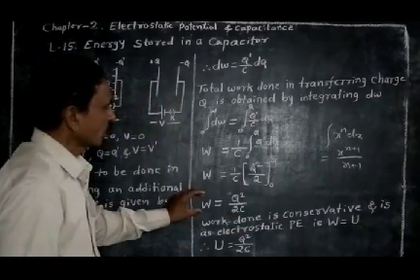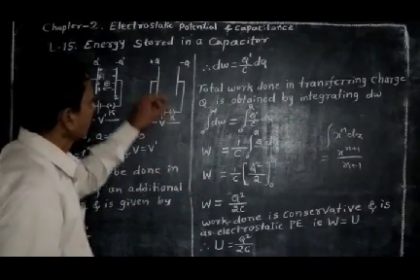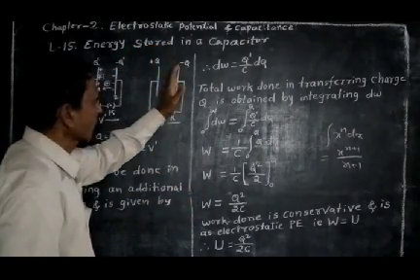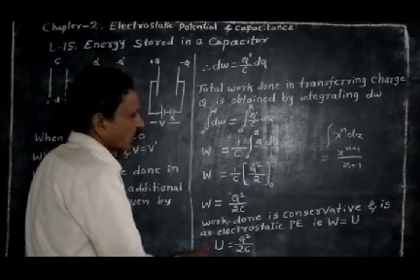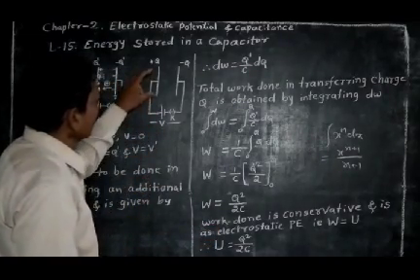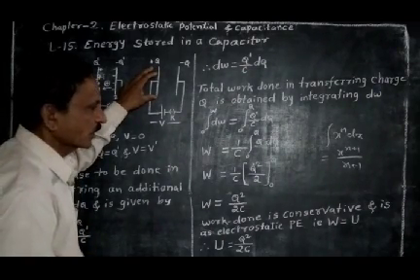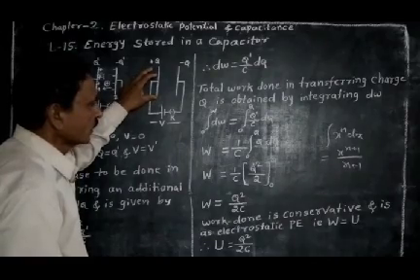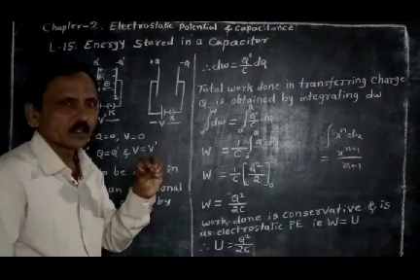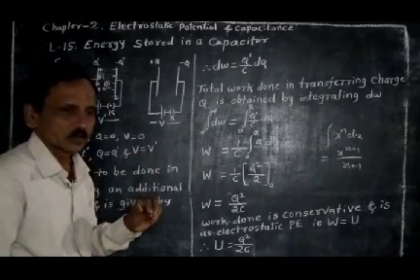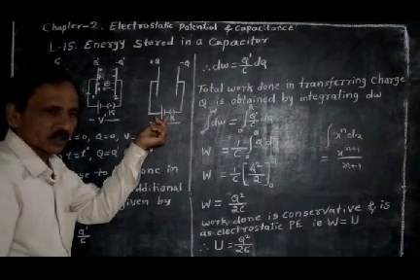It is the total work done in transferring a charge plus q from second plate to first plate. And this work done is conservative, and conservative work is stored in the form of electrostatic potential energy, or the energy spent by the battery or cell.